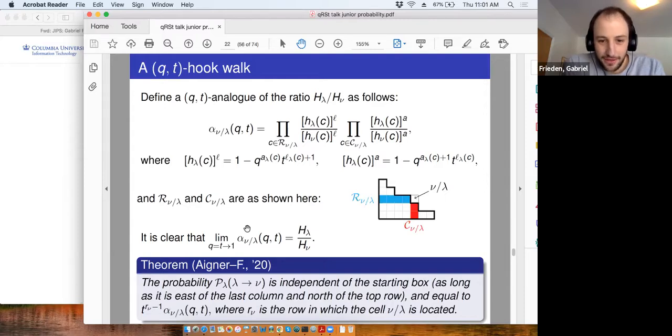Okay, so one of the results that we proved is that the probability that you reach a certain outer corner using this qt hook walk is independent of the starting box in the same sense as before, and it's equal to a power of t times this quantity here.